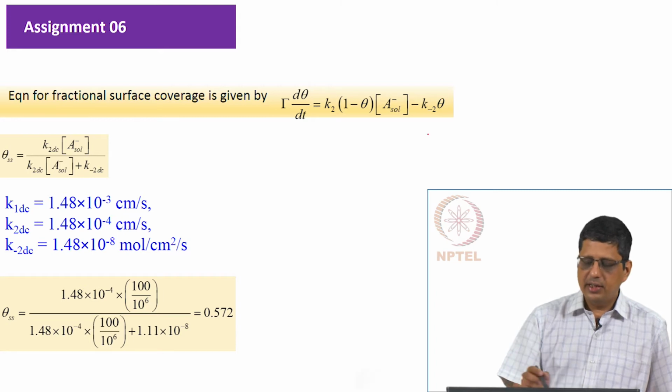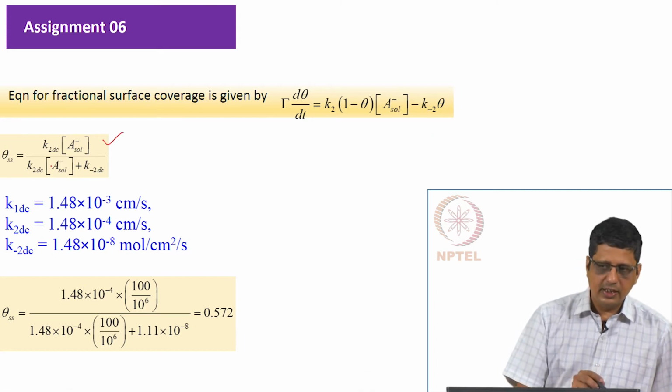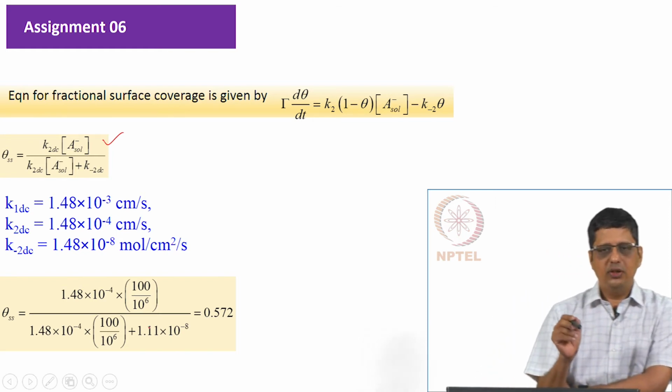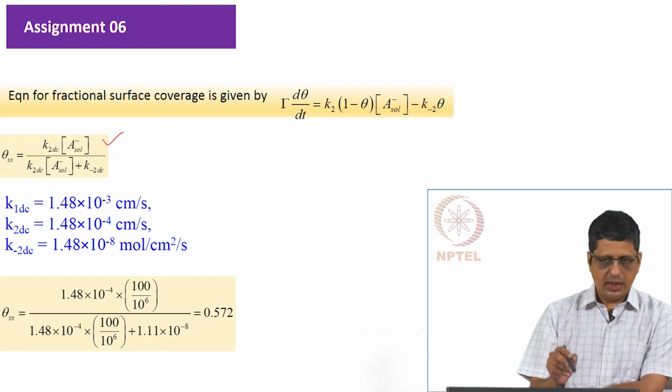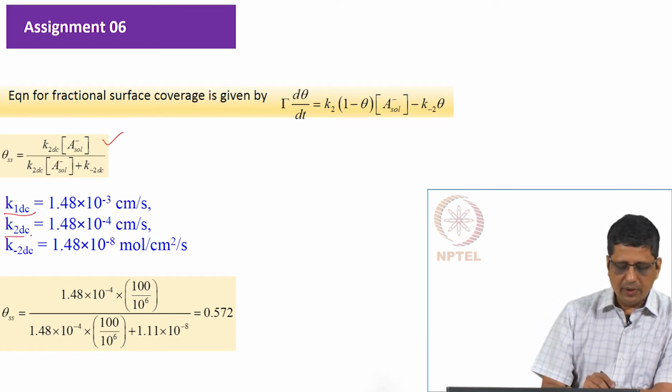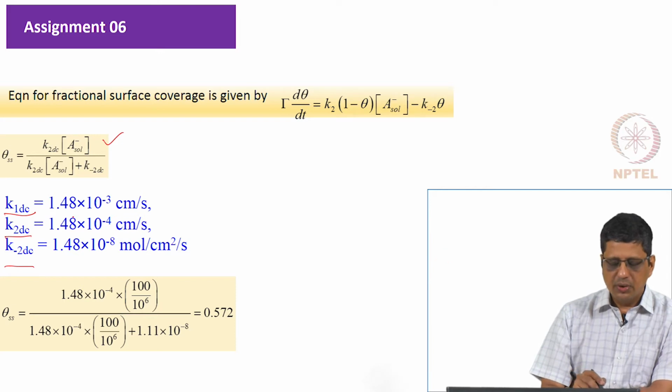and this you can rearrange and show the fractional surface coverage theta SS is given by the expression here: K2 dC multiplied by concentration of A minus in solution, in the numerator. In the denominator you have K2 dC A minus solution plus K minus 2 dC. With the pre-exponent values and the exponent values and the concentration given at the DC potential, the values of K1, K2 and K minus 2 are about 1.48 10 power minus 3 centimeters per second.